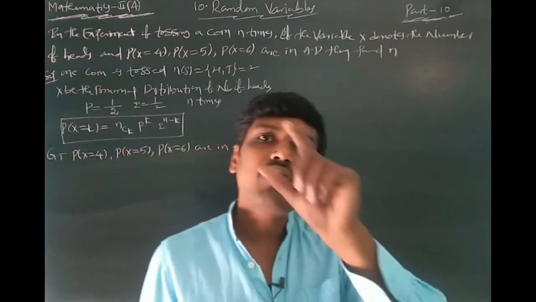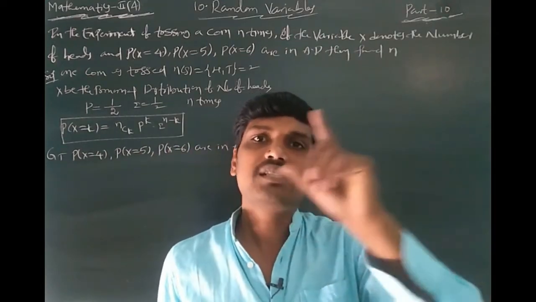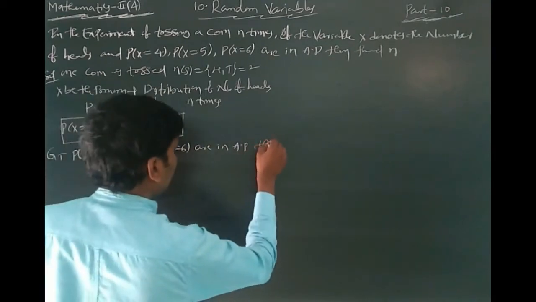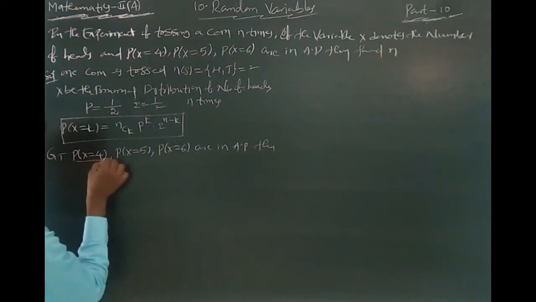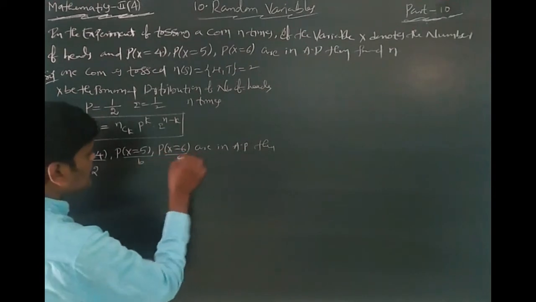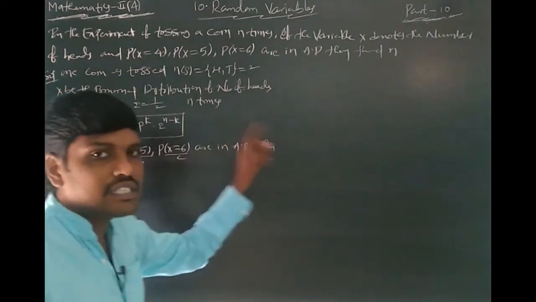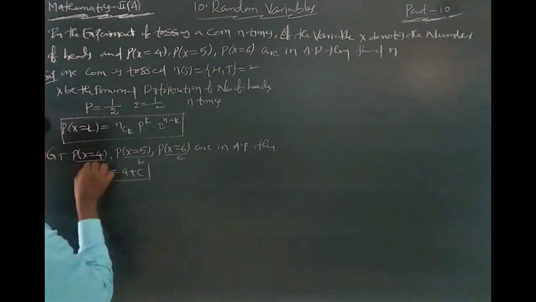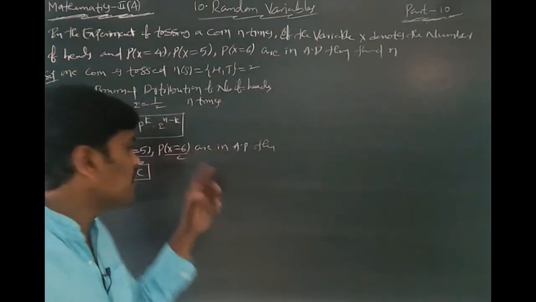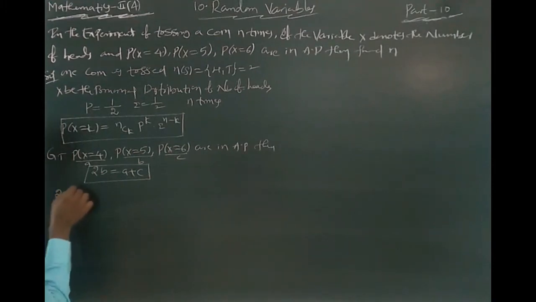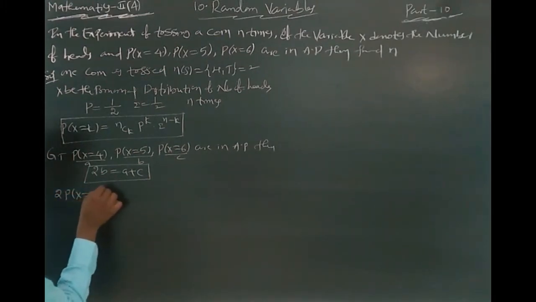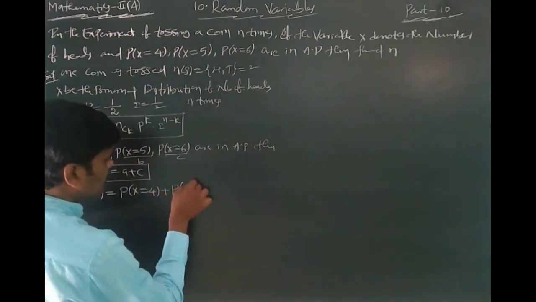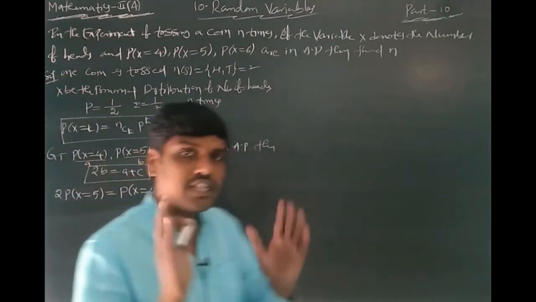What is the condition for 3 variables A, B, C to be in AP? 2B is equal to A plus C. Suppose we take this as A, this as B, this as C. A, B, C are in AP, then 2B equals A plus C. This is the formula. In this, the B value is P of X equal to 5, the A value is P of X equal to 4, plus the C value is P of X equal to 6. Understood or not, friends?